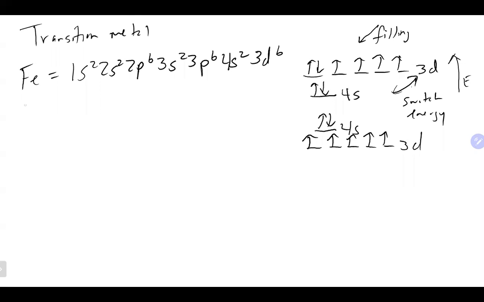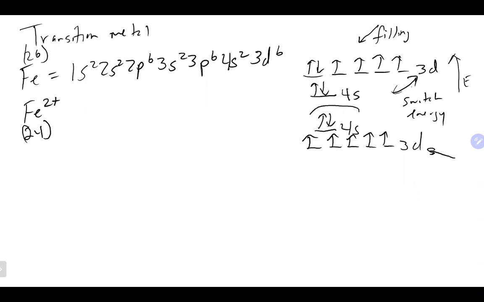So for example, if we went to iron with a +2 charge, instead of 26 electrons, iron with a +2 charge would have how many? 24, which means it needs to lose 2 electrons. Because this switch in energy occurs over here, it will always lose the highest energy electrons first.